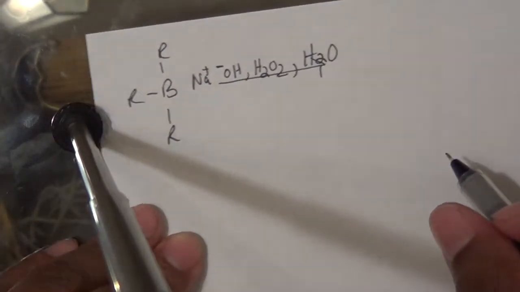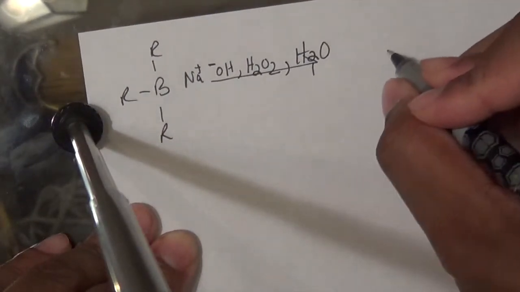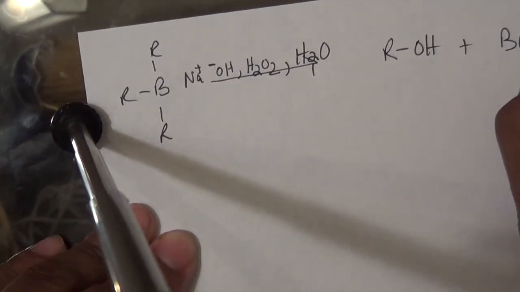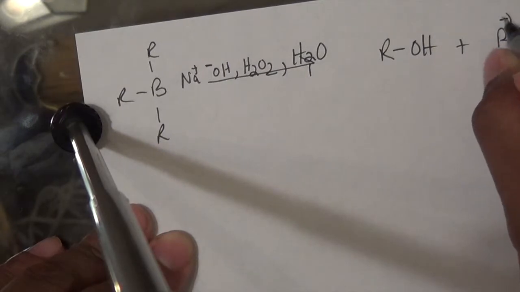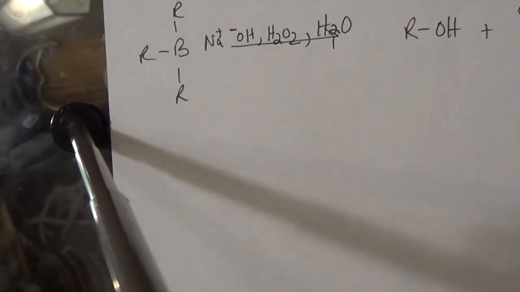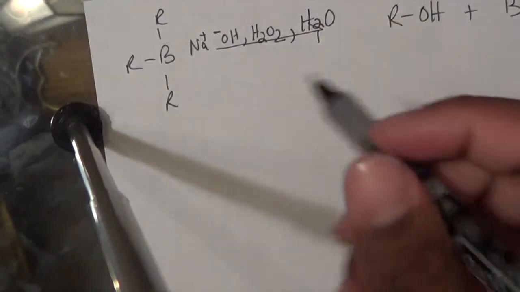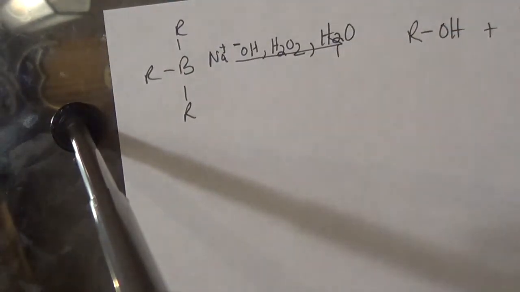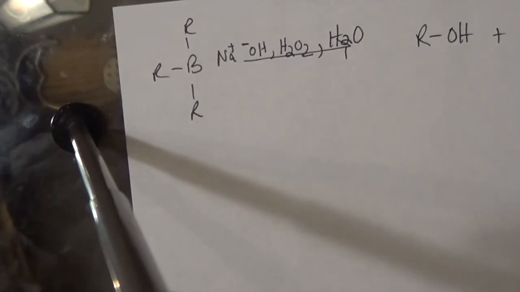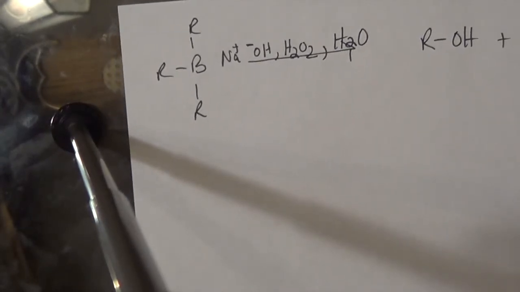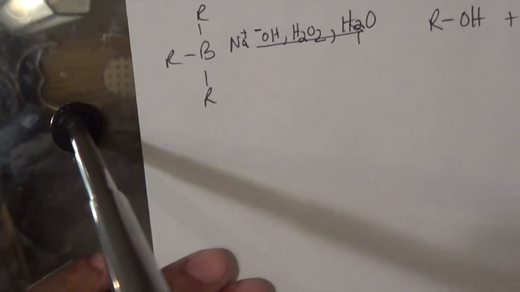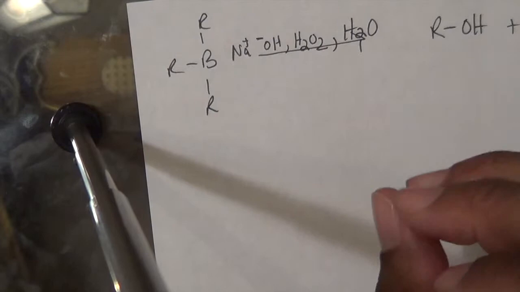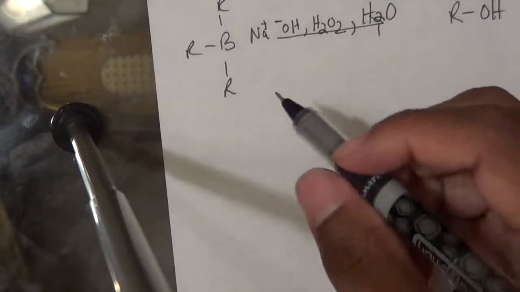So that's going to yield an alcohol plus BOH4, and boron, whenever it has 4 bonds, has a minus sign on there. So this is the oxidation step. We did the hydroboration. Then we added a hydrogen and a boron to it. Now we're going to do the oxidation.